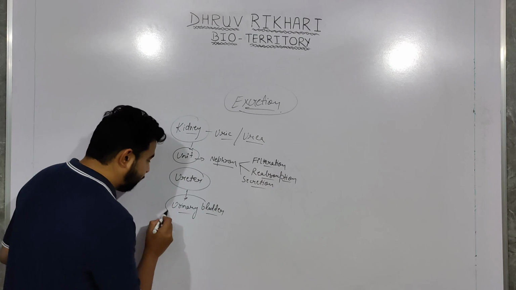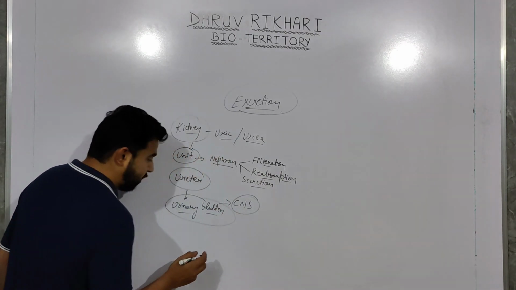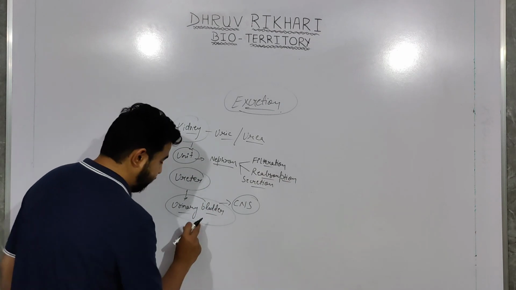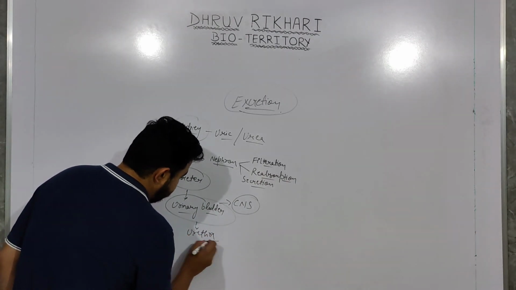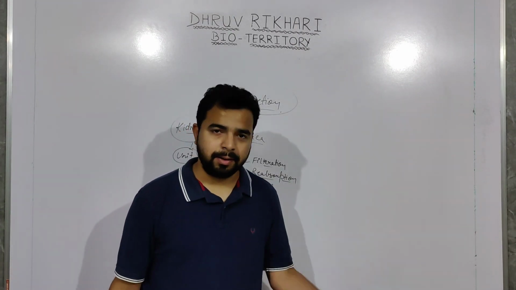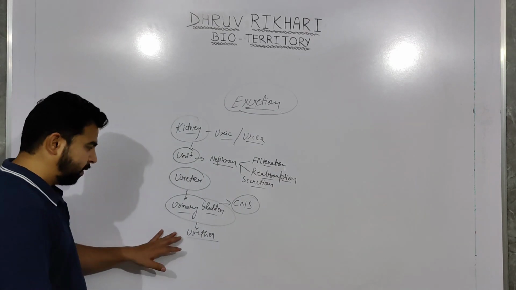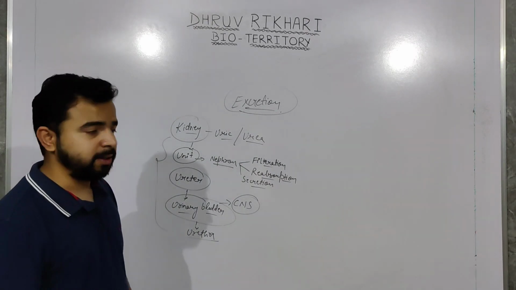When the central nervous system or brain signals the urge of urination, the urine passes to the urethra, through which urea or uric acid is released. So these are the parts of the excretory system in humans.